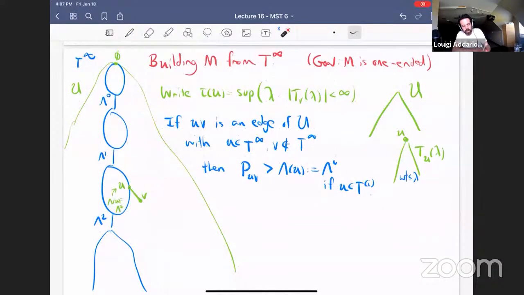So that means that if I look at the subgraph connected to u, containing only edges of weight lambda u, that's an infinite subgraph. It contains everything in here. It might not contain what's up here, because lambda 1 has weight bigger than lambda 2. But if I only look at edges of weight less than PUV, I will contain the edge lambda 2, and then I'll contain a path down to infinity here. I mean the green graph.